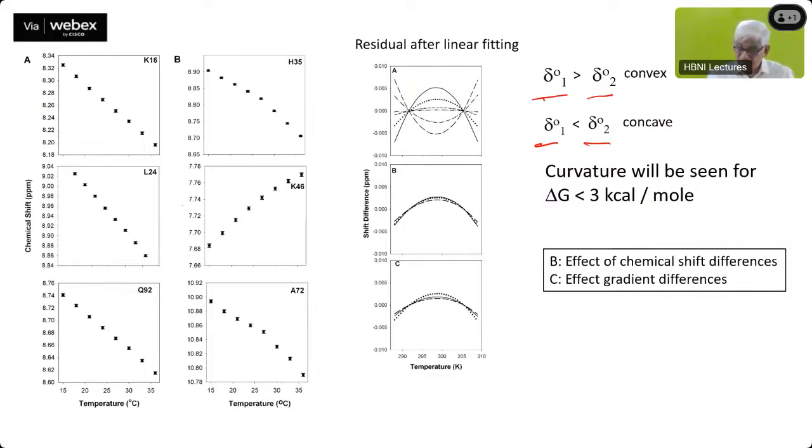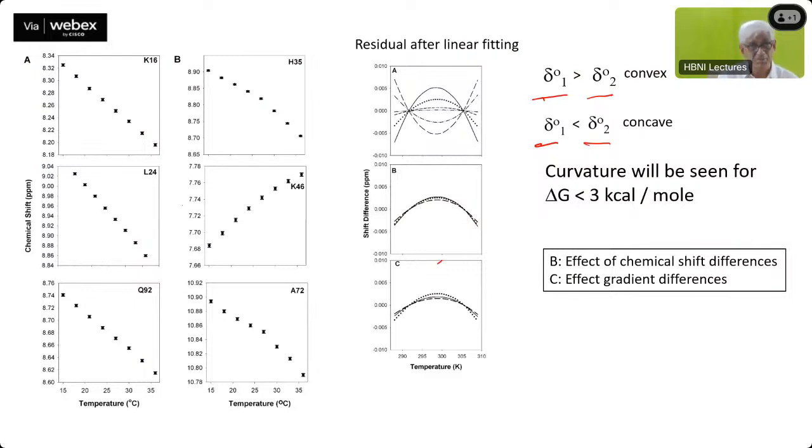Okay, this shows the effect of chemical shift differences, and this is the effect of gradient differences here. So these are the calculations for particular things, typical shapes, and these are actual simulations. For the effect of chemical shift, certain chemical shifts have been assumed and shown, okay, this is the way it is coming.